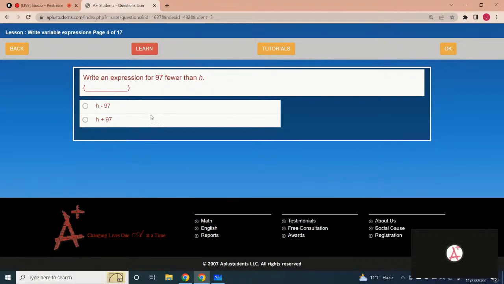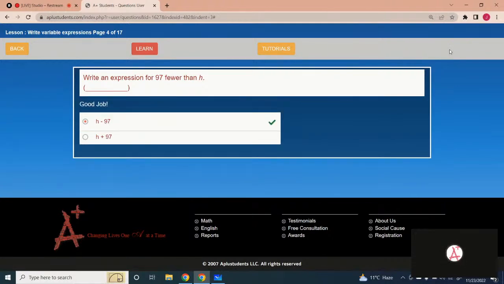Fewer means you have to subtract. So it would be h minus 97. Just select the correct option and click on the OK button.